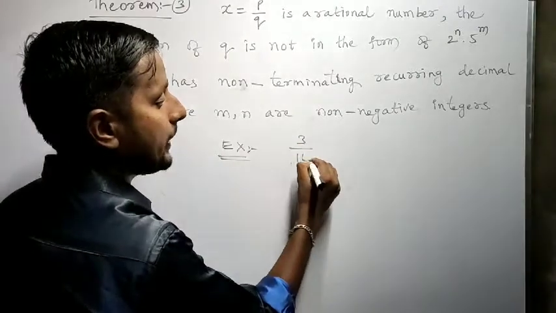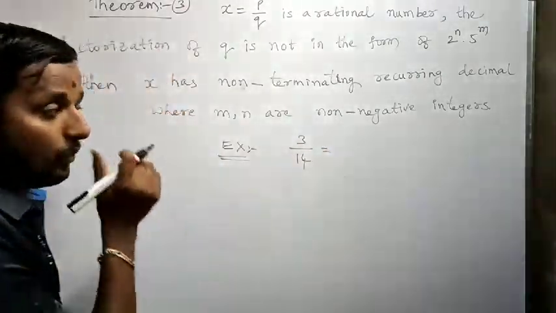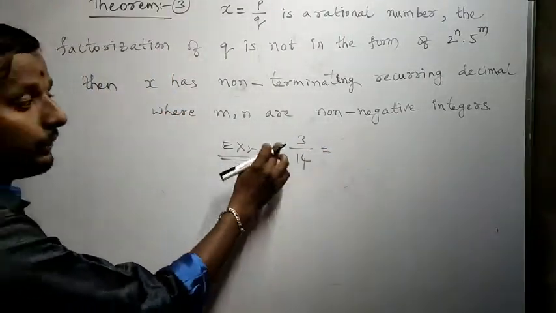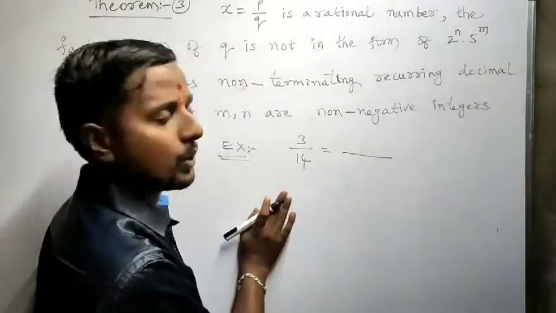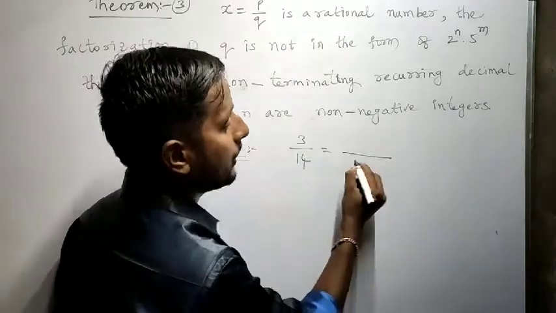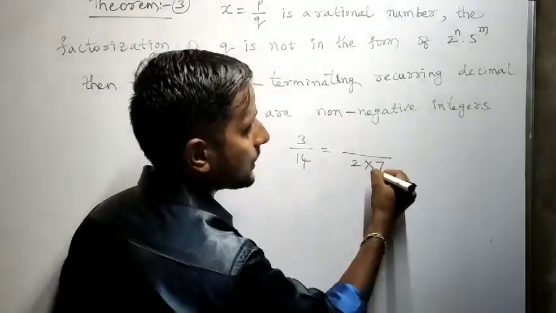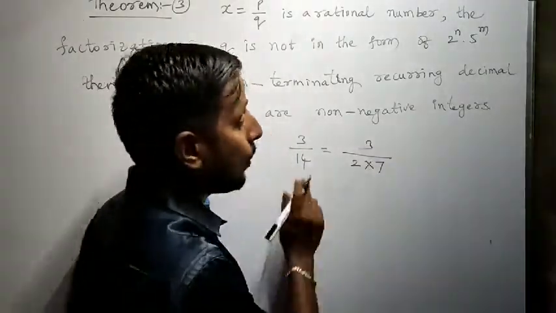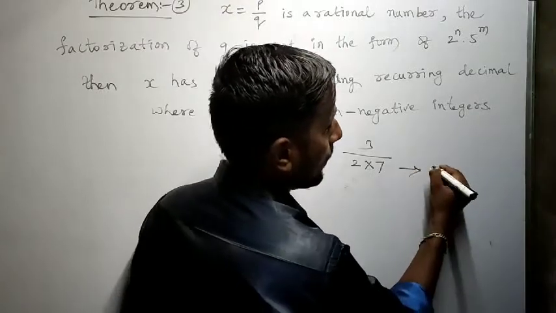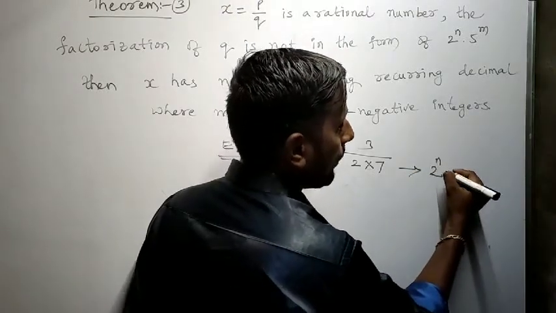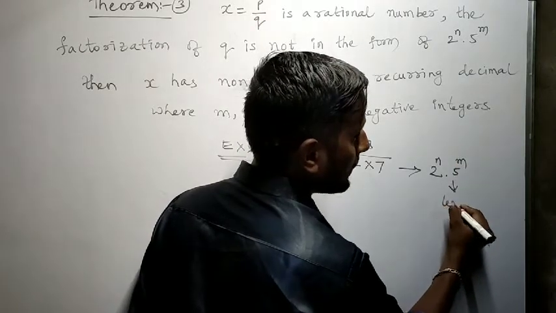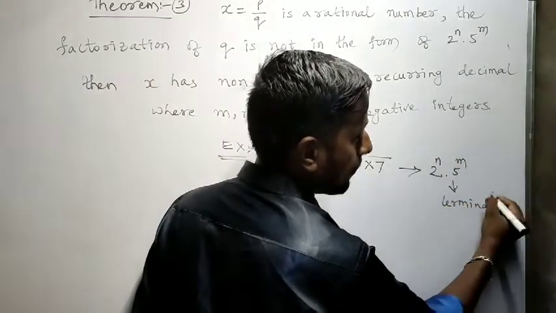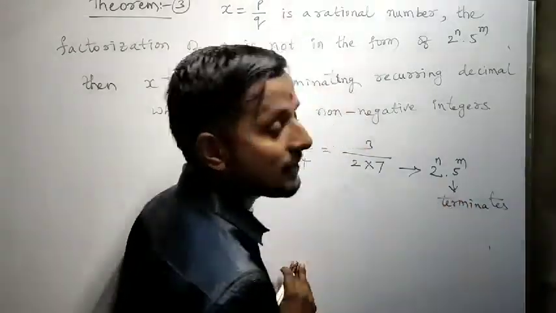3 by 14. What happens now? Look at 3 by 14. Now try to focus on the denominator. Mostly you can focus on the denominator. 14 is 2 into 7, 3 as it is. But what is said? When the denominator is in the form of 2 power n, 5 power m, then it terminates.